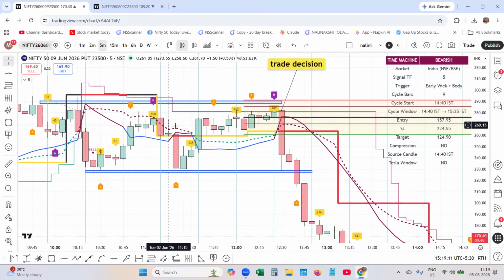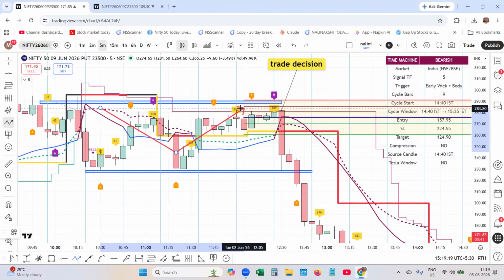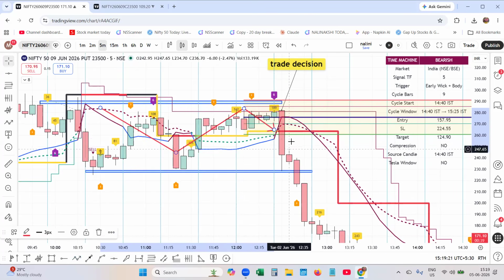You can see it is red. Trend is whipsawing. There is no trend at all. During this time cycle, you can see energy could not expand, price could not expand, and time has been boxed under. So it is useless to trade this.